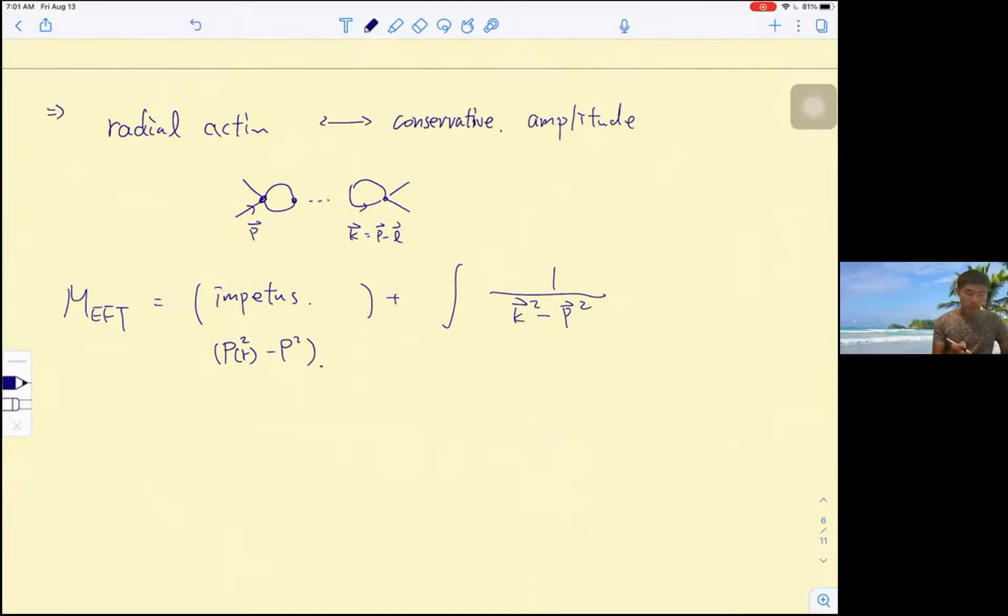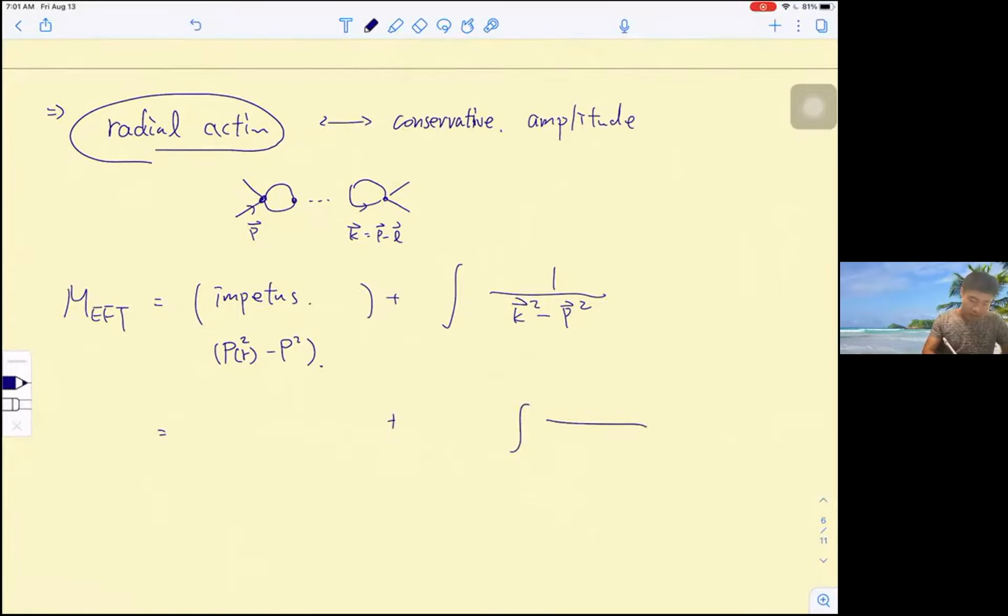So we want to do something similar here, where we write the EFT in some basis, and we want to cancel all these divergences and leave something that's IR finite. We want to pick a basis that's on target to this radial action. It turned out that the basis you have to use is quite simple.